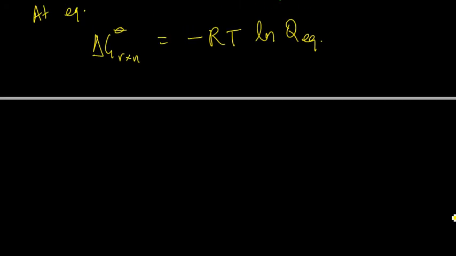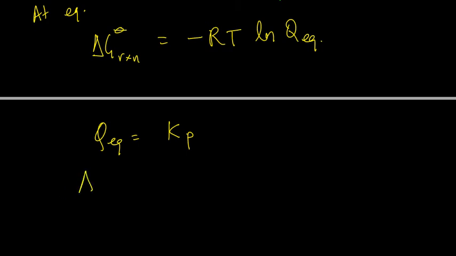Okay. So this, now remember this Q equilibrium, the reaction quotient at equilibrium. The reaction quotient is defined for all the points on the reaction, but this one is special, it's at equilibrium, and this has a name, it's called Kp, right? Kp.